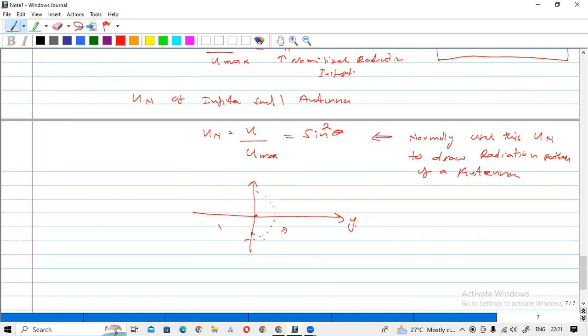Then when you are increasing theta like this, we are measuring theta in this direction.